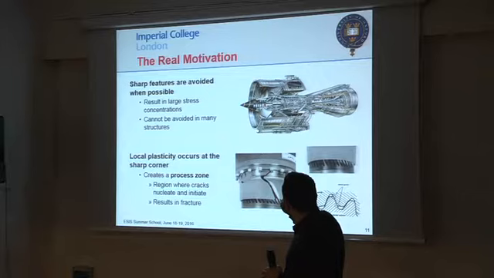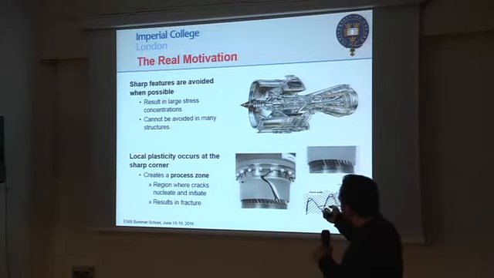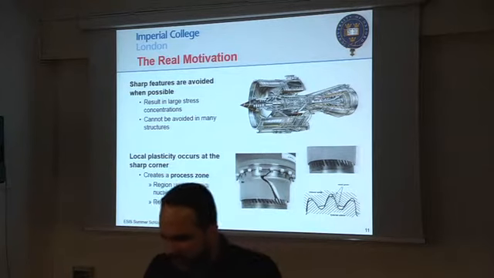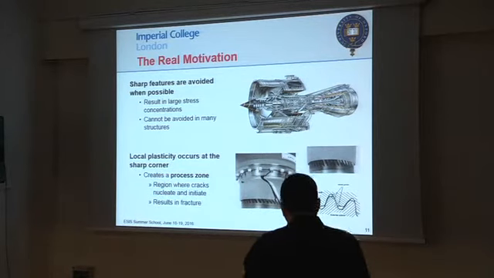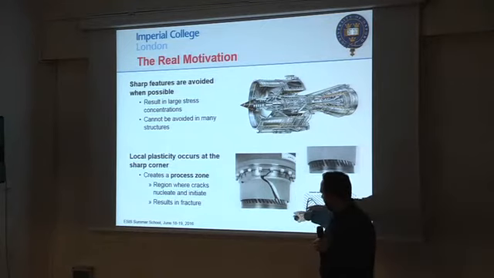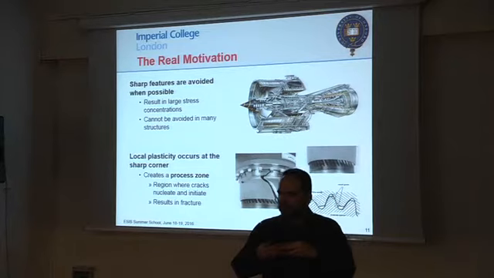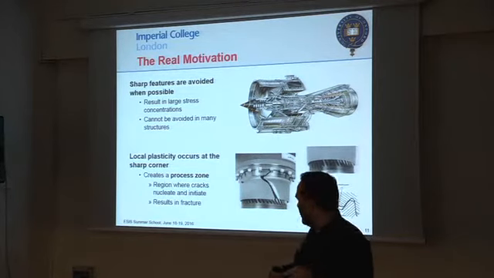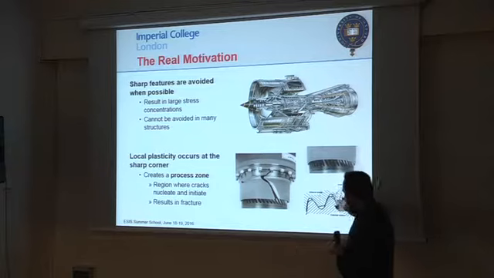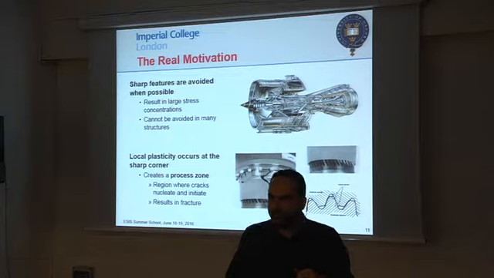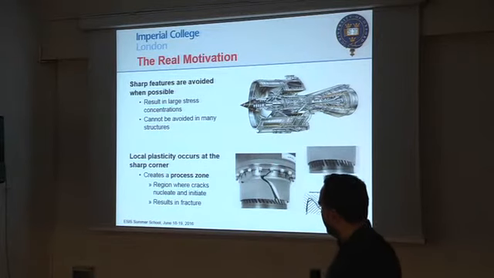This system is composed of different shafts. There is the fan shaft, there is the compressor shaft, and there is the turbine shaft. They all go one into each other. And these shafts are usually linked with a spline. So you basically have a male and a female, and one goes into the other, and they just rotate with respect to each other. And because they rotate with respect to each other, again, you've got contact between the teeth of one and the other. And at some point, you might get a crack, you might get a failure.